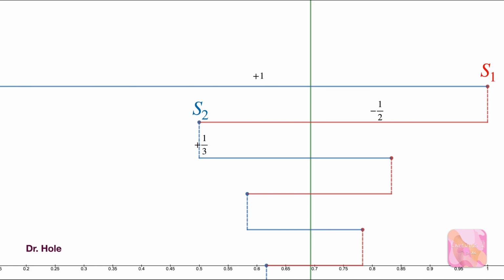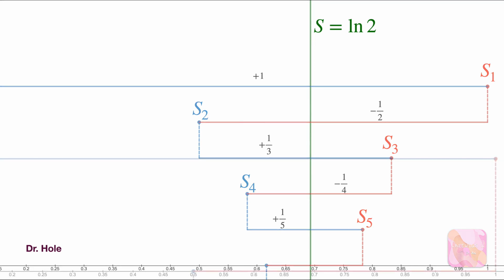And then we repeat. Add in a third to get S3, add in -1/4 to get S4, and so forth. And what you can observe is, as we've shown analytically, that the sequence of odd indexed partial sums decreases in value versus the even indexed partial sums will increase. And again, the green vertical line is the limiting sum, ln of 2. Okay, so let's zoom out a little bit.